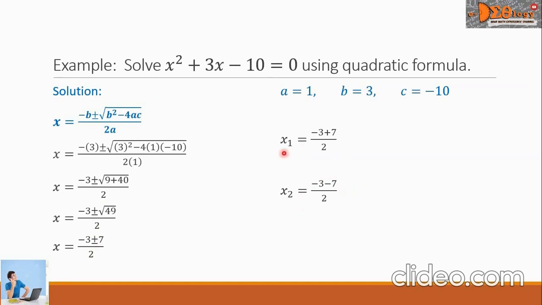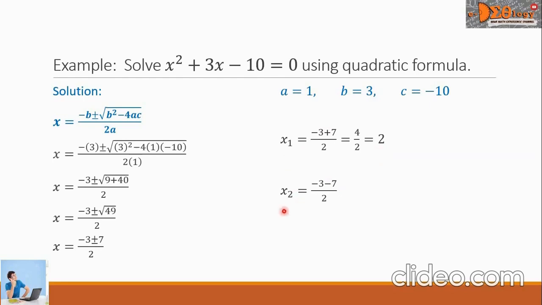For x sub 1, let us simplify this negative 3 plus 7 into 4, and this is over 2, and the quotient is 2. This is the first value of x.